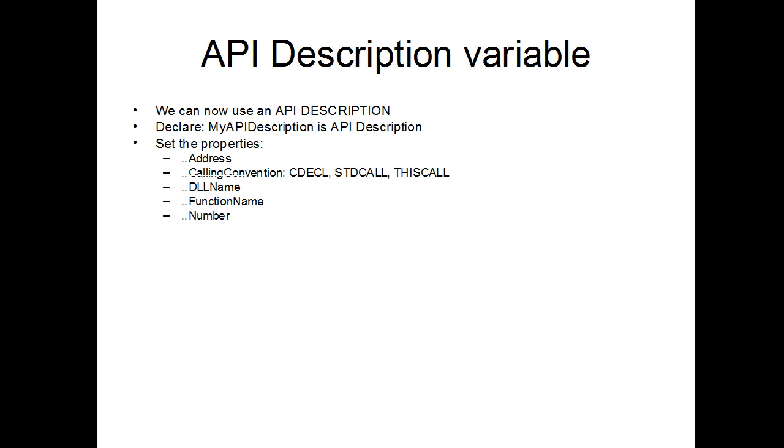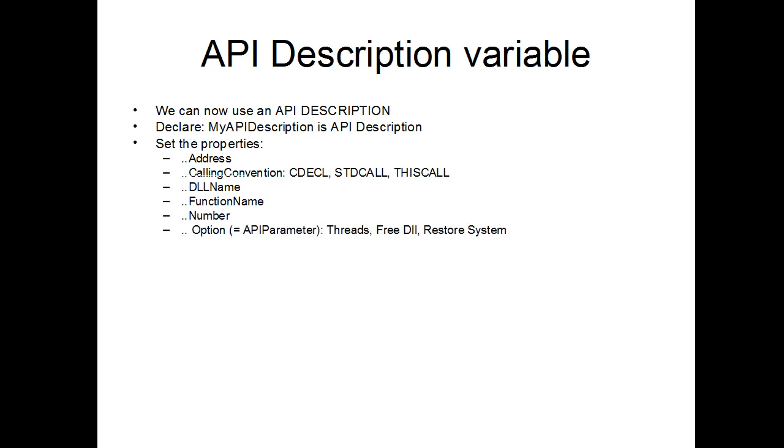The number, that's when you're calling a DLL by its name, but with the number of the function instead of the function name. Again, it depends on what you're calling. And of course, if you put a value in number, it will automatically set function name to nothing. It's one or the other, and that is managed automatically for you in order to avoid problems.